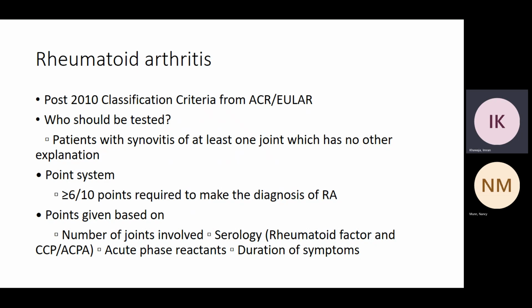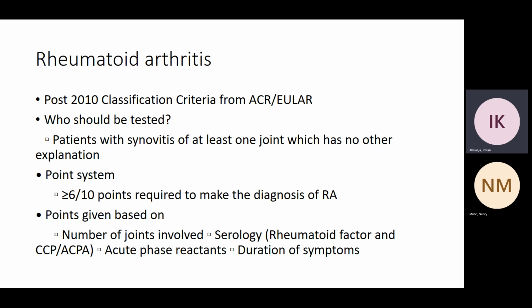But post-2010, there was a new criteria by the American College of Rheumatology and their European counterpart. They said any patient who has synovitis of at least one joint with no explanation needs to be tested for a possibility of rheumatoid arthritis. It's a point system, 6 out of 10.